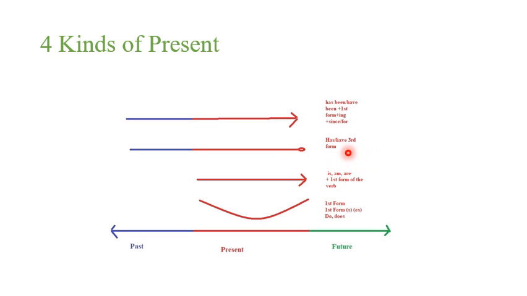We use has, have plus the third form of verb in it. Then we have the fourth kind of present, in which the action started in the past but moves into the present and still continues, and we use has been or have been plus first form plus ing, and there is also time mentioned in it, that is since or for.